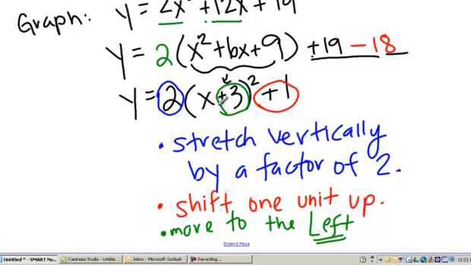Okay, notice it's plus 3. So most people think we move to the right 3, but we actually go to the left 3 because it's on the inside of the argument. So if I asked you to graph, that's what I'm looking for. I would have you graph that, but I want you in the habit of this is how we translate functions. Okay?